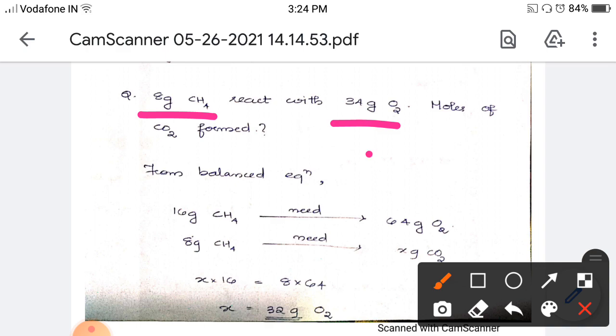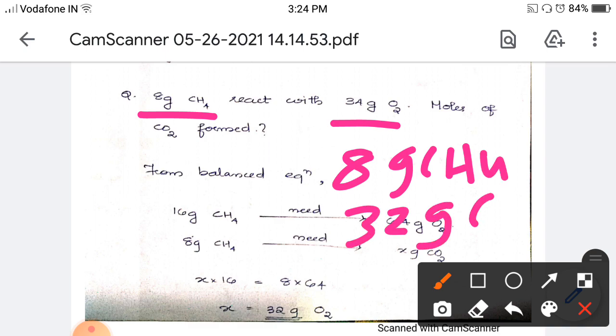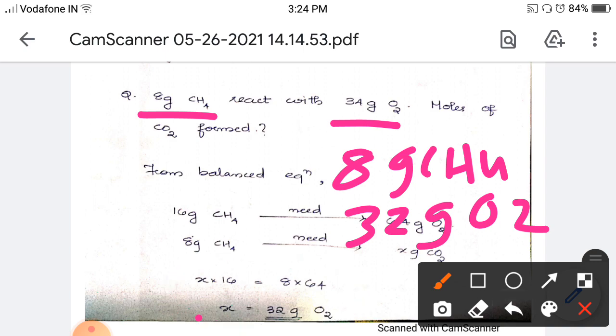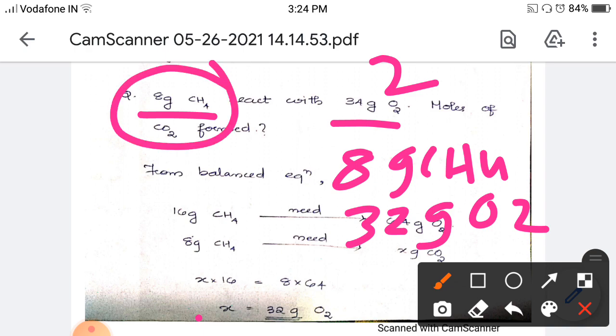For 8 gram CH4 we need only 32 gram oxygen, then 34 is given. So 2 gram is excess here. Here it is given in gram, so that is not an issue. So which is the limiting reagent? CH4 is the limiting reagent, that is the reactant which gets consumed first, or which is lesser in amount.